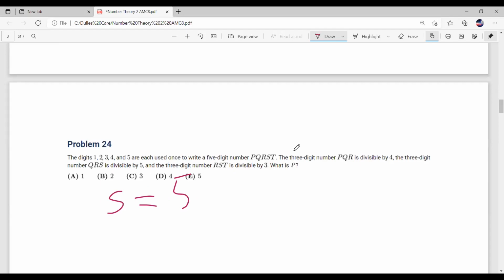For any number that's divisible by 4, only the tens and units digits really matter. So QR has to be divisible by 4. What could Q and R be? QR could be equal to 12, 24, 32, and well, that's it really. 52 can't work.